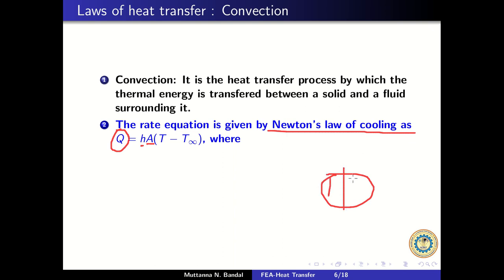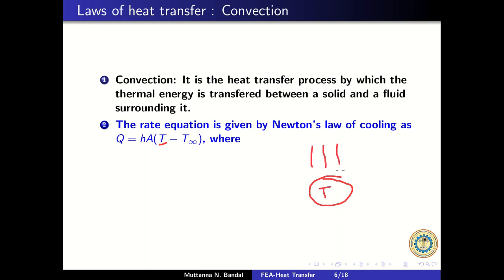surface. If I take this as a hot body, this is the exposed surface and this is the air surrounding it. T is the surface temperature and T∞ is the temperature of the surrounding medium.